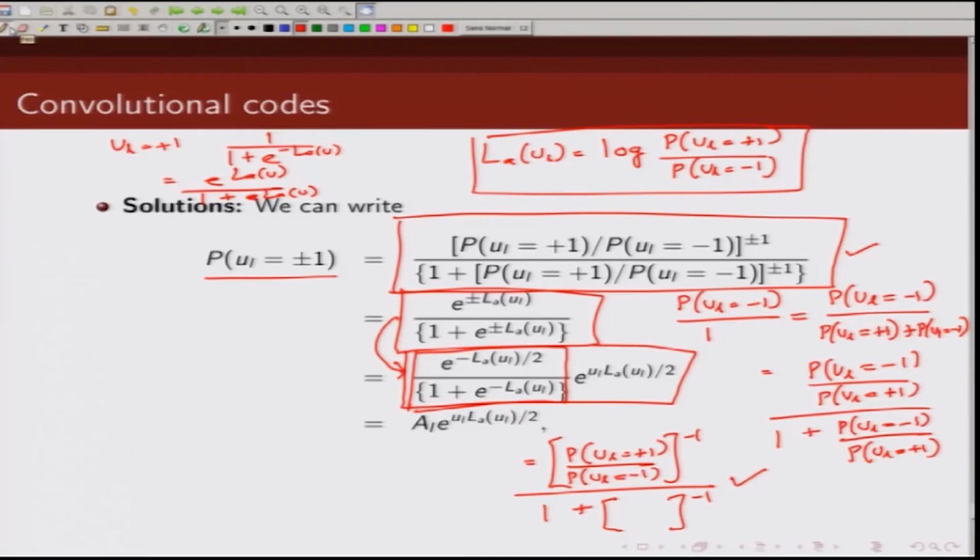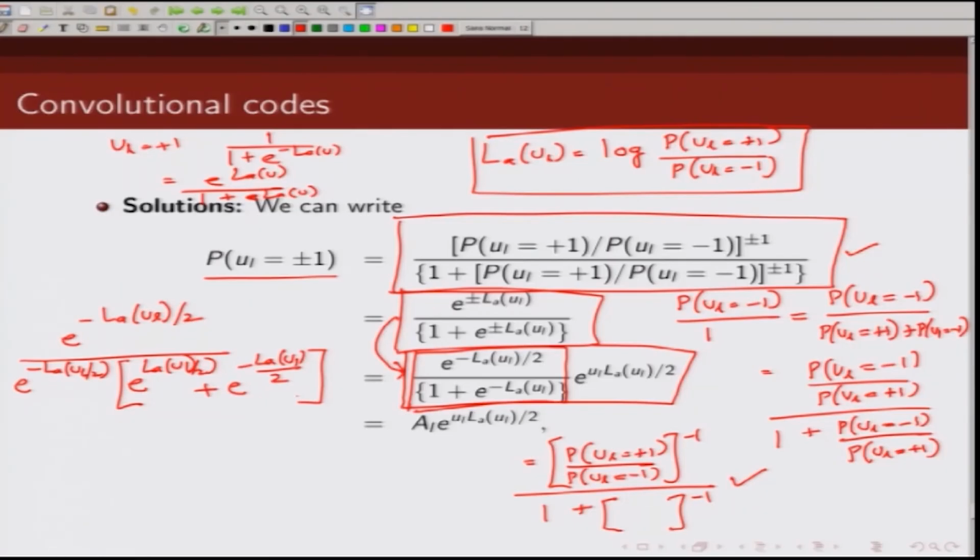I can simplify this term as e raised to the power minus L_a(u_l) by 2 and e raised to the power minus L_a(u_l) by 2, that is e raised to the power L_a(u_l) by 2 plus e raised to the power minus L_a(u_l) by 2.